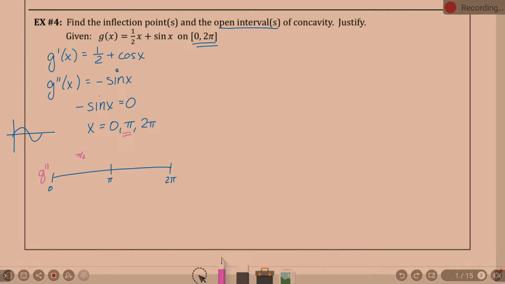So it's negative sine of pi over 2. Sine of pi over 2 is up here at positive 1, but the negative of that is going to make it negative. And what does a negative second derivative mean? Concave down.